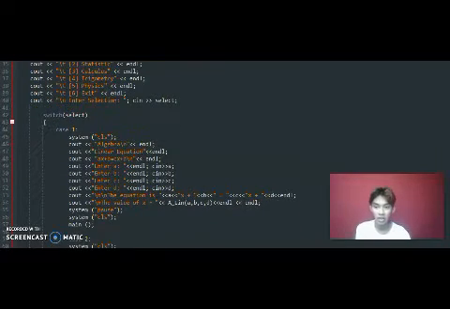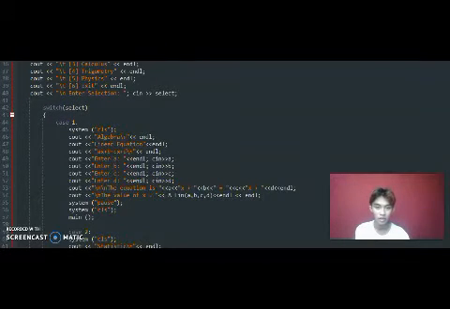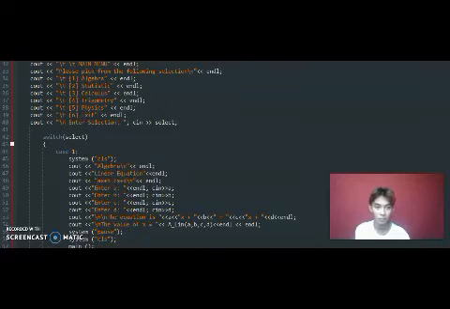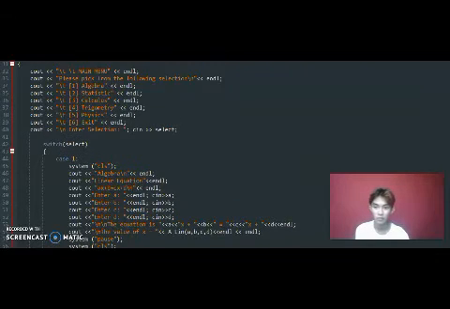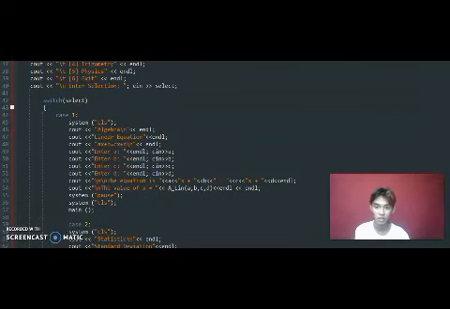I'm using a conditional structure, specifically the switch structure, so that the program will allow switching between different topics. So for case 1, which is algebra, I'm using the linear equation.